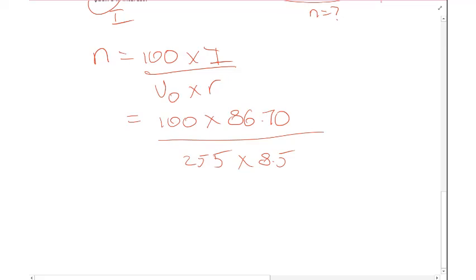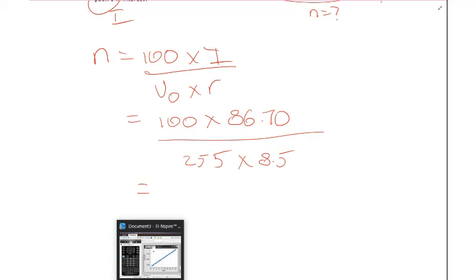And that will give me a number pretty close to 4. We could calculate that if we wanted to, but I'm just going to say 4.